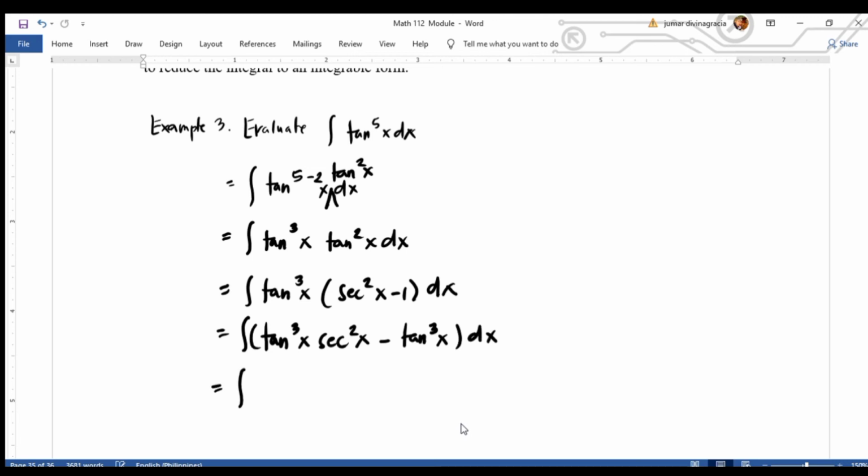So in this case, for the tangent to the power of 3 of x, we can factor this out. So we now have tangent to the power of 3 of x times secant square of x minus tangent of x times tangent of 2 of x dx.